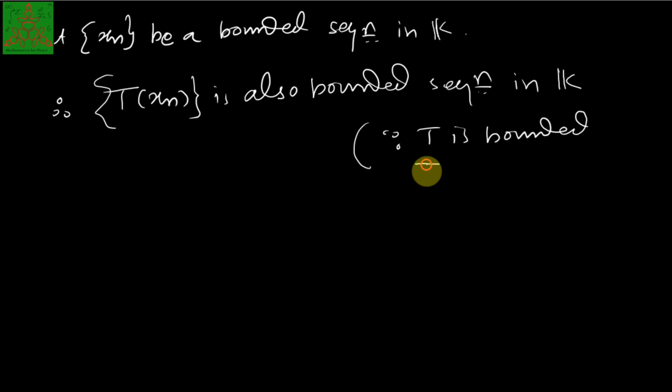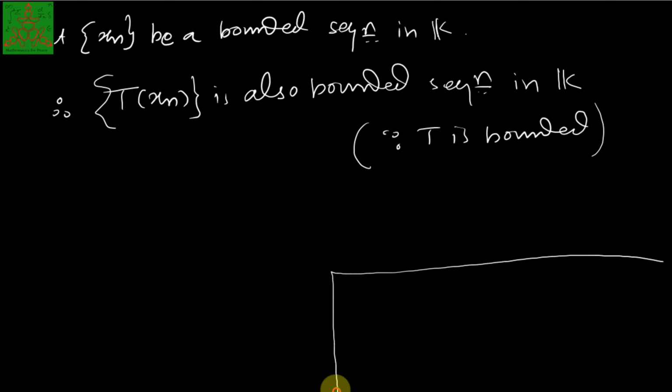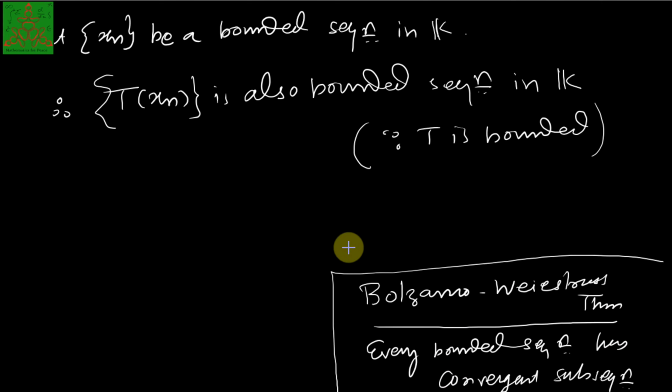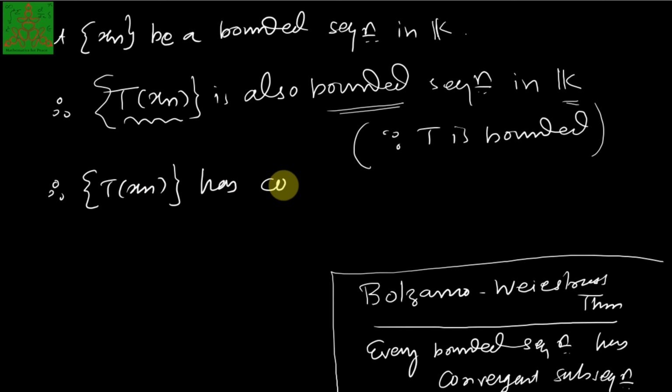Recall the Bolzano-Weierstrass theorem, which you studied in your undergraduate course, which tells you that every bounded sequence has a convergent subsequence. Applying this theorem to T of Xn, because it is bounded in K, we can say that T of Xn has a convergent subsequence. So it is proved that T is compact.